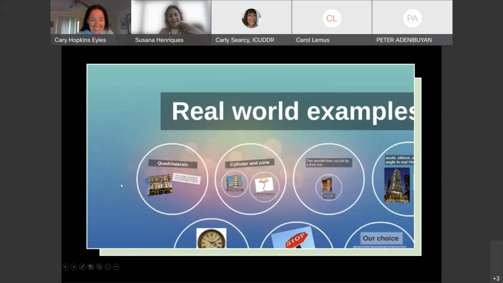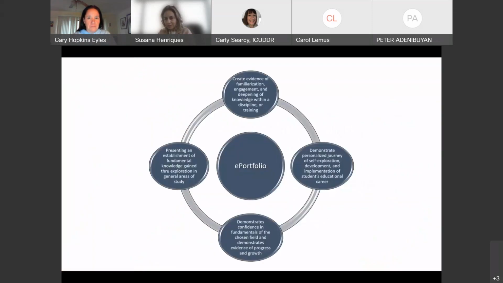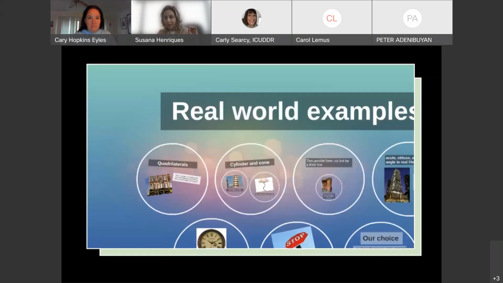So I have here some real examples from my experience with my students, and they relate to one thing that Carol just wrote in the chat, that when we use experiential exercises, the learning is so much more efficient and successful.